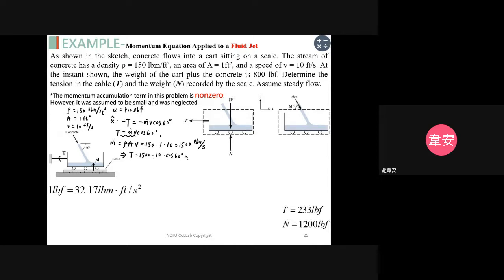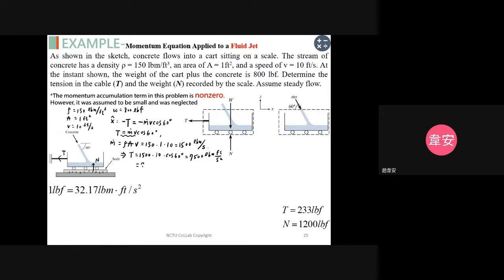We use the calculator to compute the answer: 1500 times 10 times cosine 60 degrees is equal to 7500, and the unit here is pound mass foot per second squared. We know that one pound force is equal to 32.17 pound mass foot per second squared.